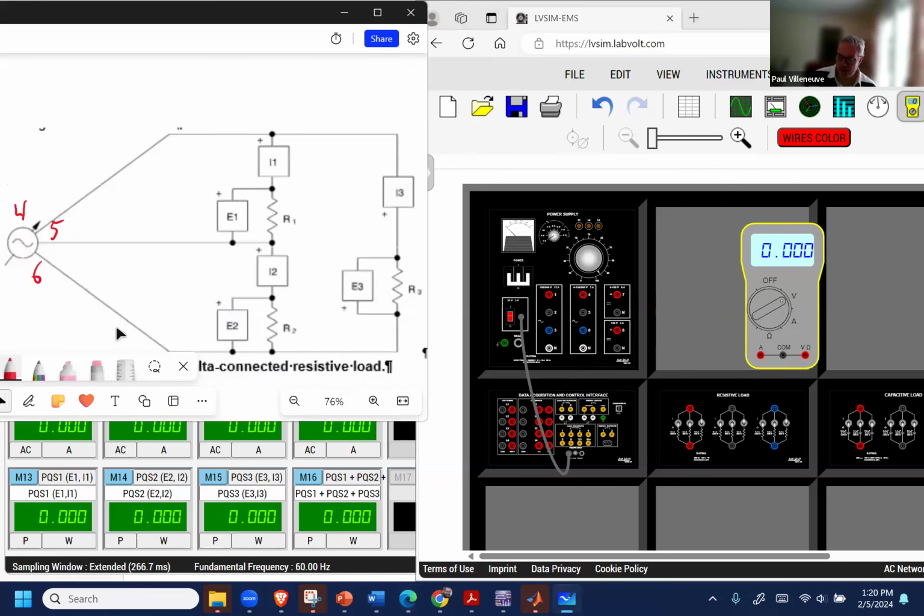And now this is what's a little bit more difficult about this lab. I want to come out of 4 and I want to run my current only through my R1 resistor here. I want to measure the current through the R1 resistor.